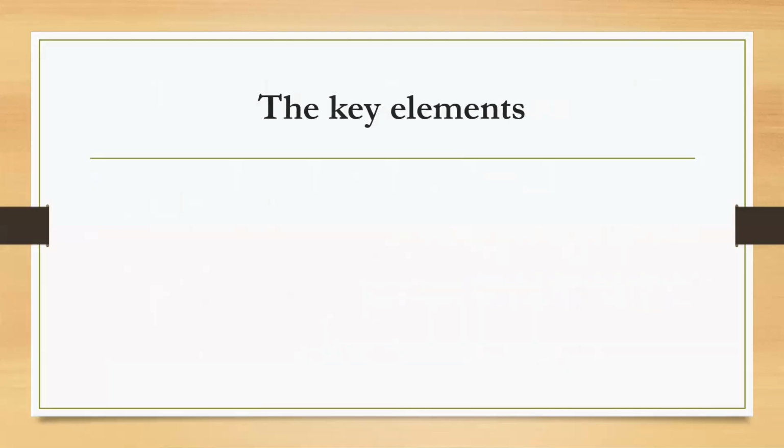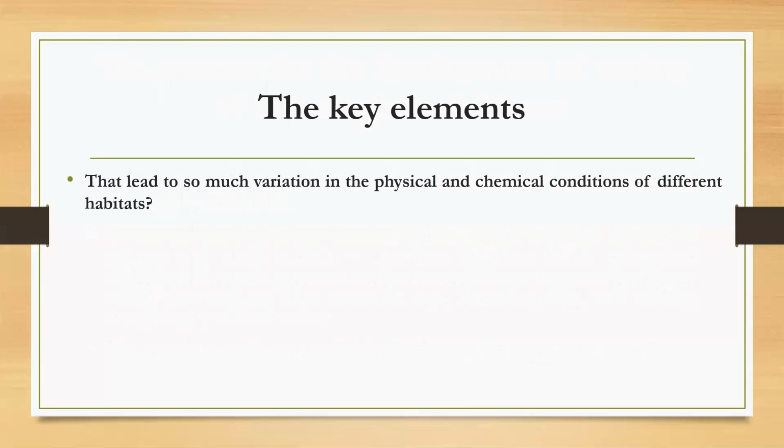Now, let us see some of the very important key elements that lead to so much variation in the physical and chemical conditions of different habitats. So what are the reasons for variation in the chemical as well as physical conditions? What is meant by physical condition?